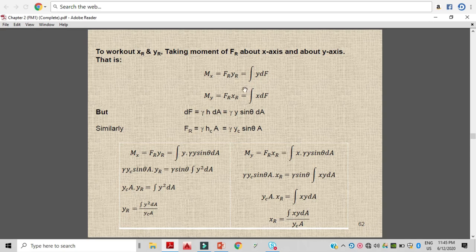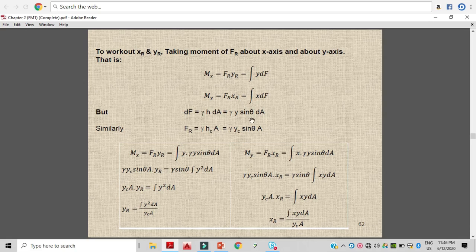Okay, the My is equal to FR into XR, and it can be written in this form. Okay, so dF, the small area that we have previously discussed, dF is equal to gamma h into dA, and later on we replace this with gamma y sine theta into dA.